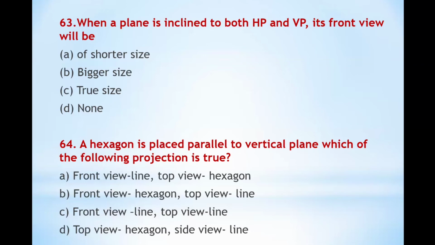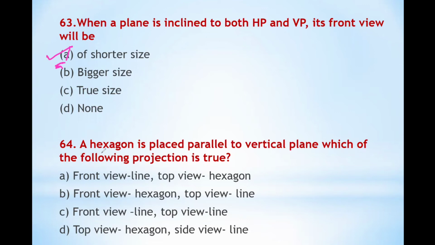Okay, we'll check out the options. So the first option is of shorter size. Okay, so it's correct. Shorter size means it will definitely give the apparent shape or size of that plane. So here A will be correct. Definitely it will not give bigger size or the true size of the plane. Okay, we'll see now next.